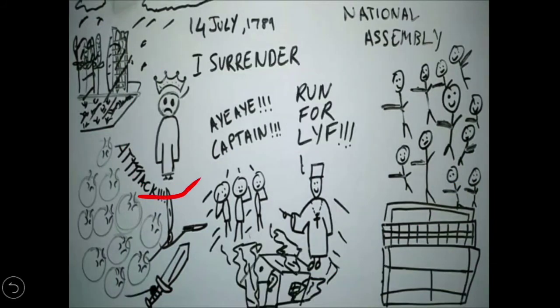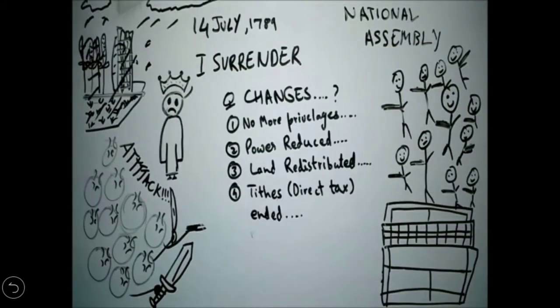He started finding ways and measures to save his life from the angered mob. And then the king surrendered himself.